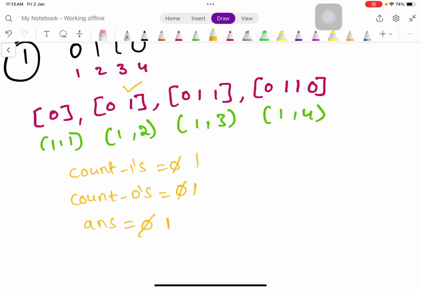For the next prefix, 011, the count of ones increments to 2. Can we consider this? Yes. For the next prefix, 0110, the count of zeros also becomes 2. Is the count of ones greater than or equal to 2? Yes, so we can also consider this. The answer goes from 1 to 2, and then to 3. So for this, the answer would be 3.